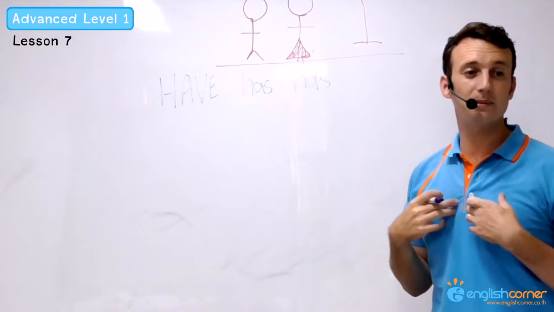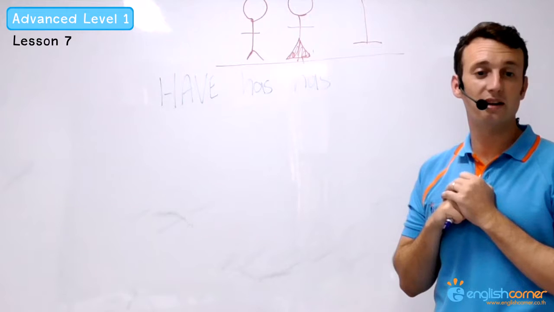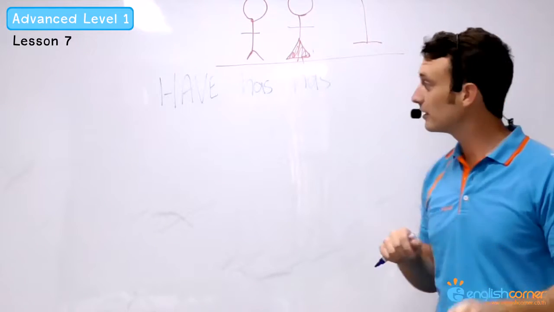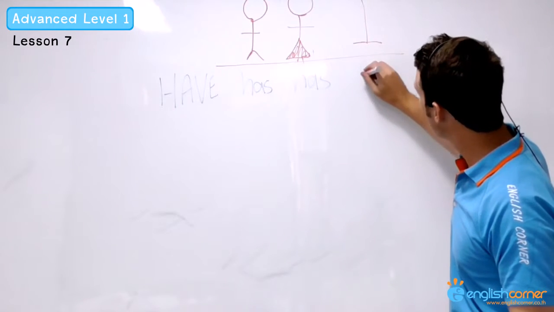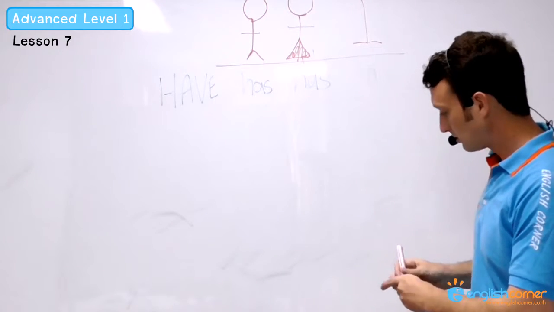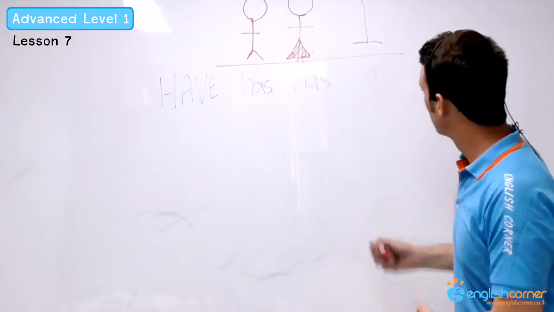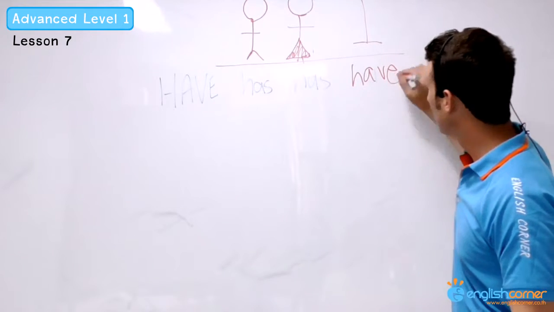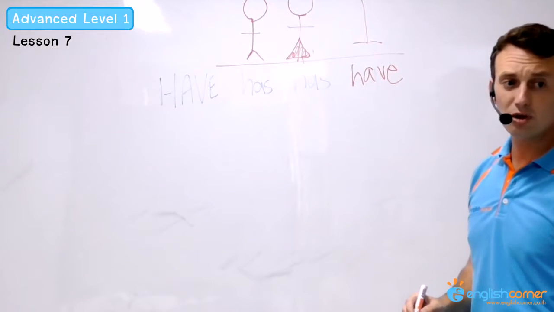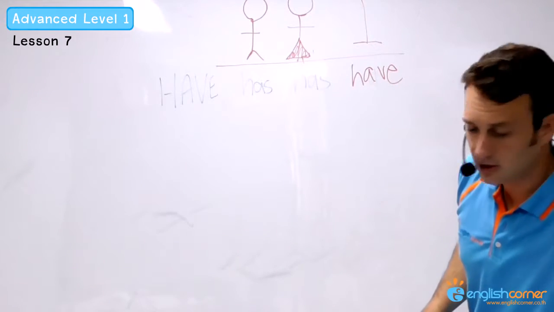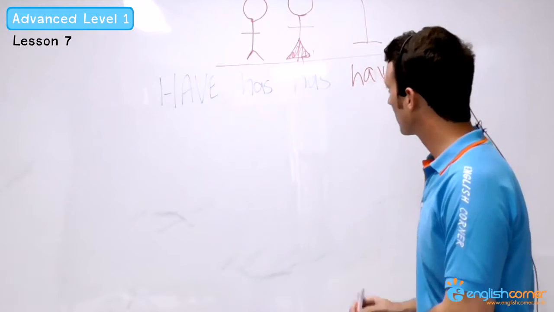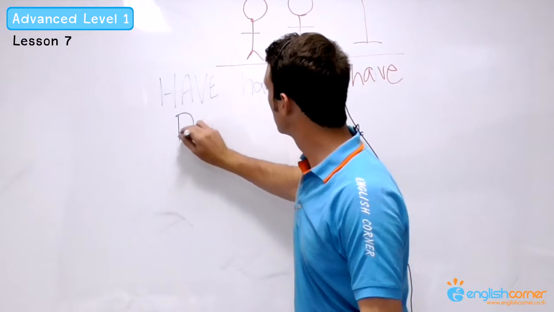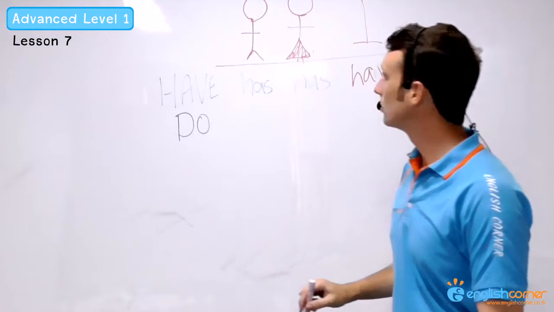Do you remember what we said at the beginning? I have. Very good, Julie. I have. This is running out of. I have. Very good. Do you remember some of the other ones? Like do.